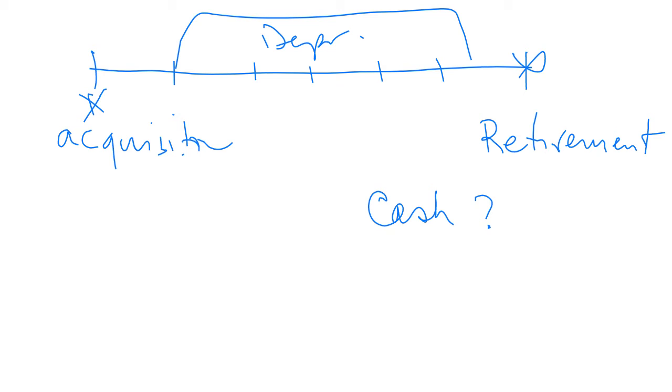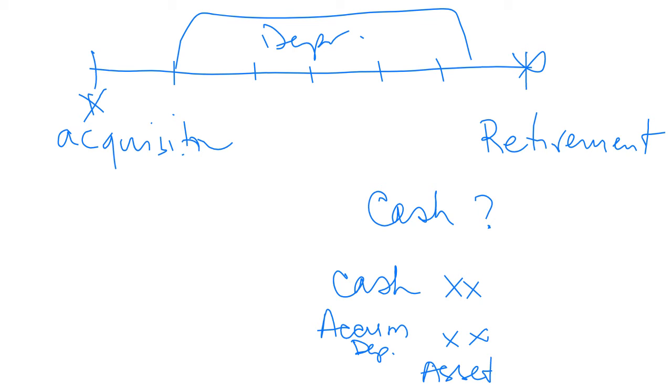If we are, cash will be debited. Accumulated depreciation will be debited also to close it. The asset account will be credited to take the asset off the books. And if we have a loss or a gain, they'll be either debited or credited to show that the company benefited from the sale of the asset or retirement or not.